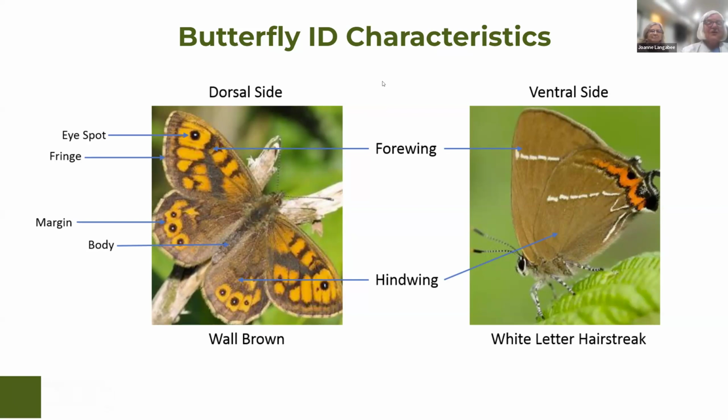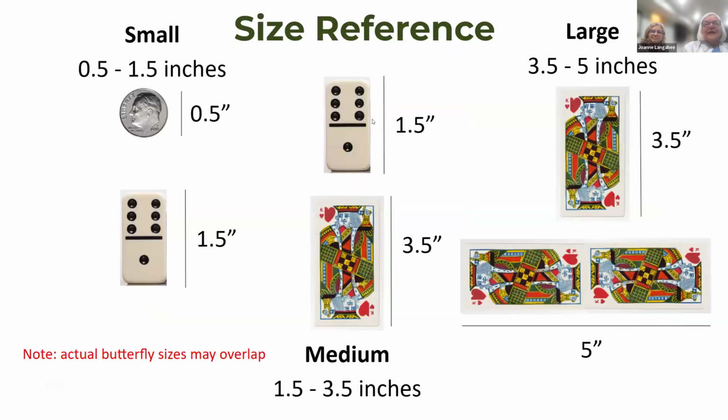And hopefully we got all the mistakes corrected on this group from what we had before. Size-wise, you're going to be getting each individual species with characteristics and size. But to give you a reference, we call small about 0.5 inches to 1.5, so we're looking at a dime to the size of a domino.